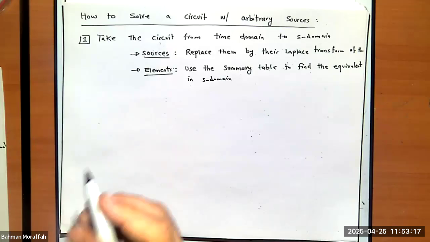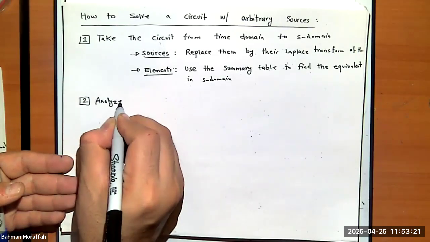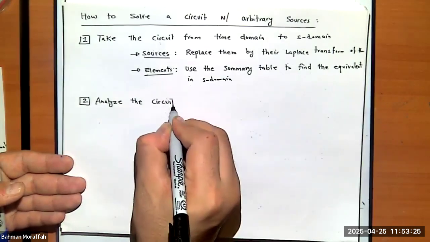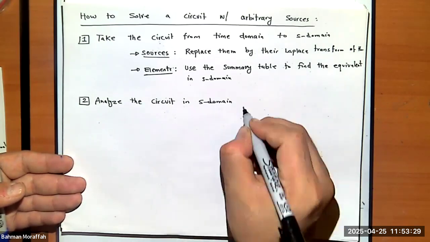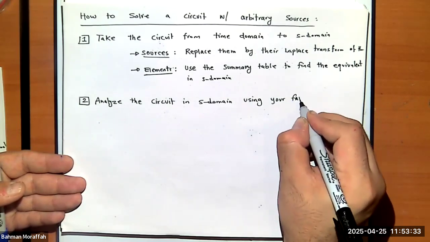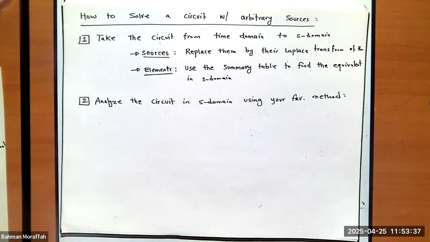Right? So step 2 is to analyze the circuit in S domain using your favorite method. KCL, nodal analysis, mesh analysis, Thevenin, loops.